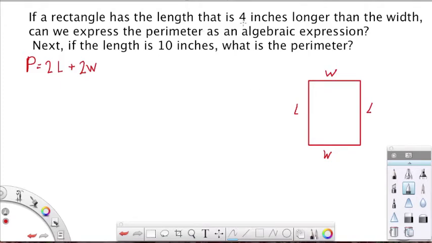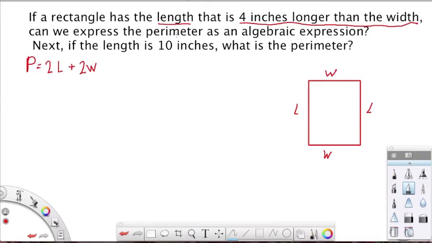Okay, now here's some key information. This formula we know. We have it memorized. But here it's a little different. It says we want to figure out what the length is. It tells us the length is not 4, but it's 4 inches longer than the width. Now what do we do with that? We're used to, in the past, being given the length as 4 inches, 5 inches, 10 inches.